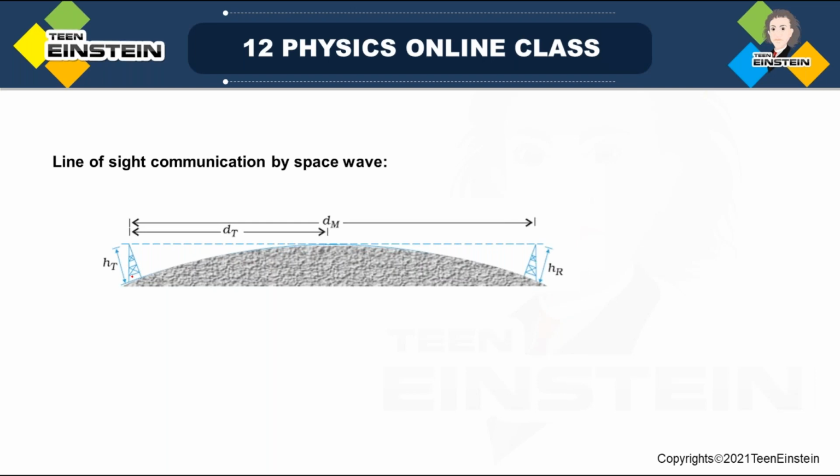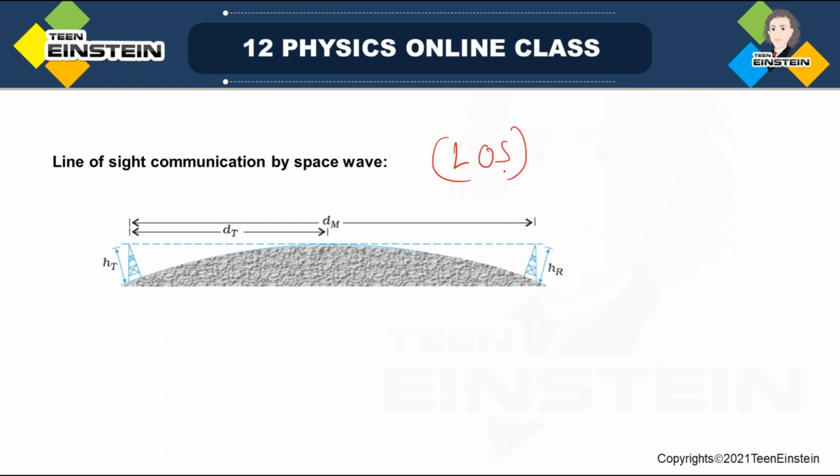This is the transmitting antenna and this is the receiving antenna. Now we have to see the line of sight communication. This dash line is the line of sight, right? In short, it is called LOS, line of sight.